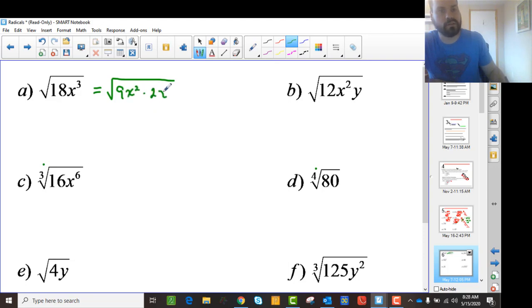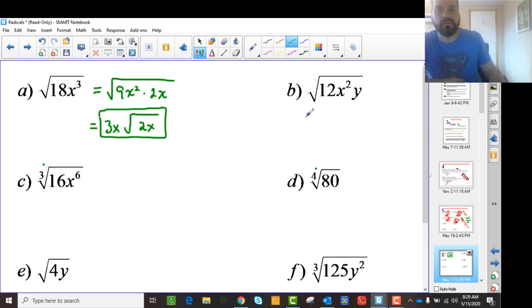So I'm going to get this, okay? Basically, with the variables, you're looking for a power of 2, right? Because when you take the square root of something squared, it just becomes itself. So now I take the square root of 9x squared, and I get 3x, and then I'm left underneath with root 2x. Okay, so that's how I would split that.